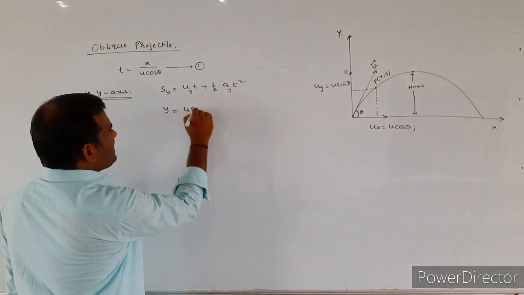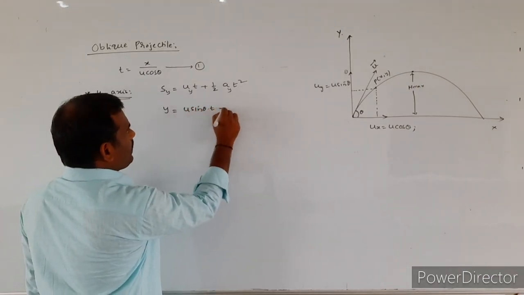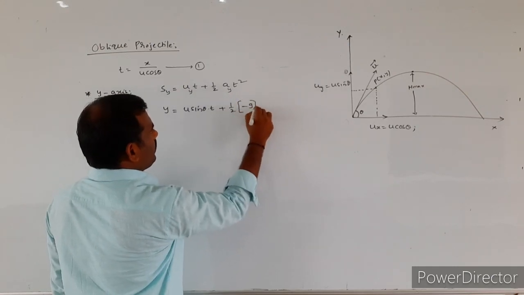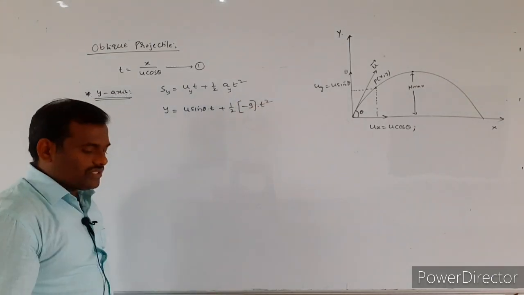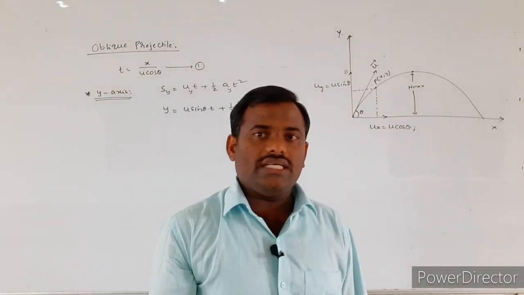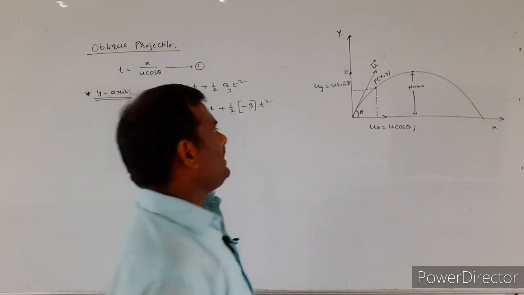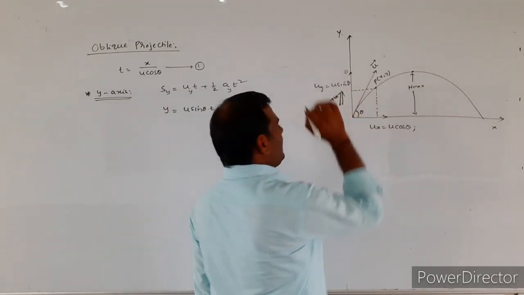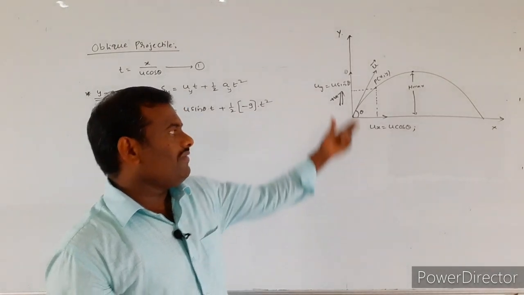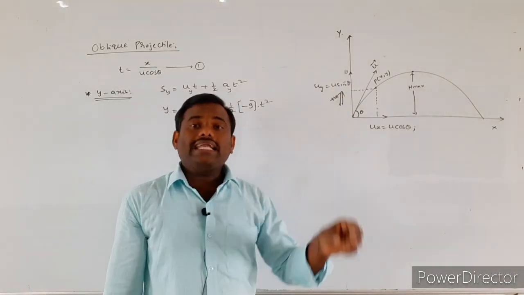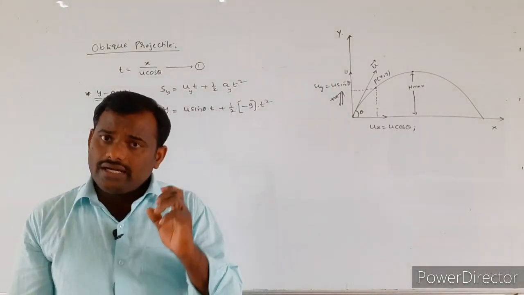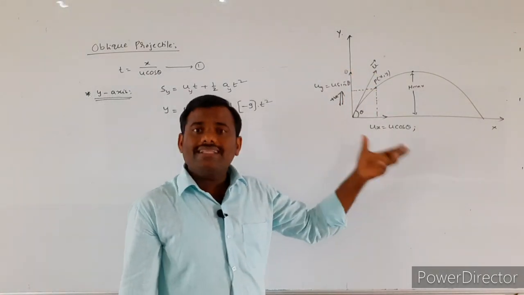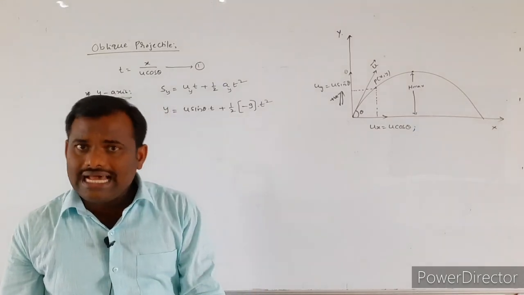Therefore, u sin theta into t plus half into ay, which I already told is minus g, into t square. Why have we taken minus g? The values measured along the positive y-axis are taken as positive, and the values measured along the negative y-axis are taken as negative. Acceleration due to gravity acts in the downward direction. That's why acceleration was taken as negative.